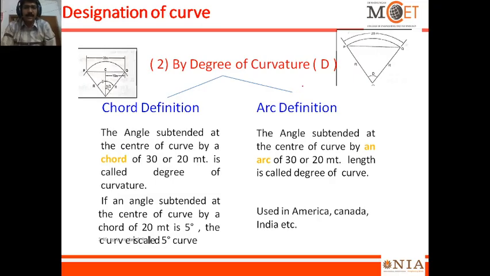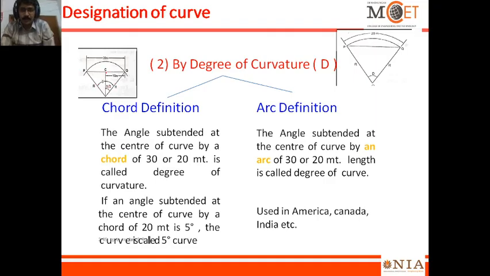By degree of curvature we can represent it by two definitions: chord definition and arc definition. If you consider the chord as the main thing, it has a standard length of 20 meter, or 30 meter also. The midline joins the origin and is the radius of the curve, delta by 2, and this is delta.